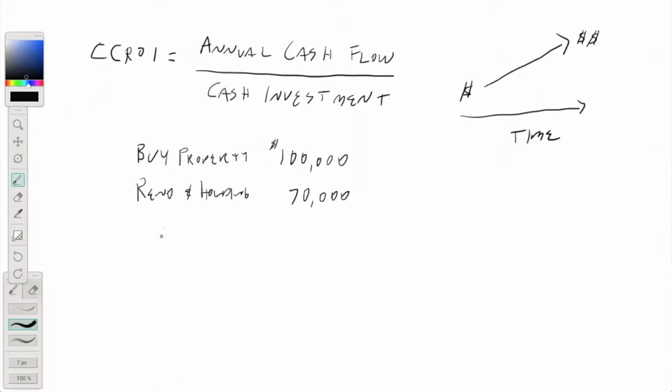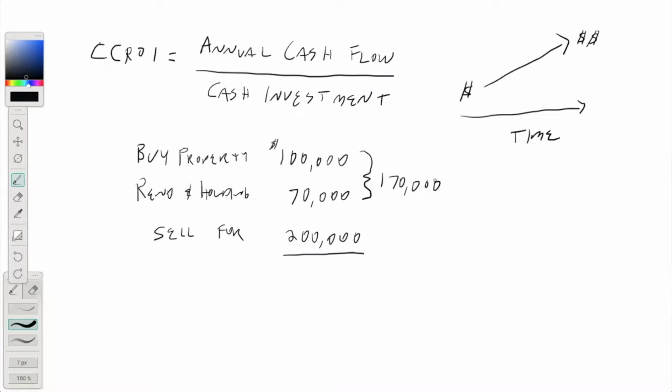And then you sell the property for $200,000. So your total invested into the property between buying it and the renovation costs comes to be $170,000. So that's your total cash investment into the project.